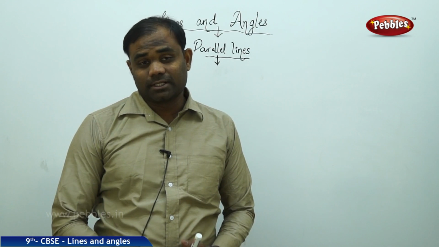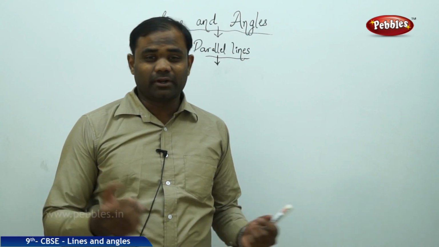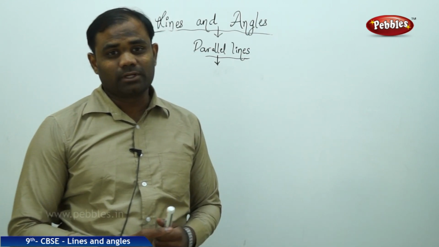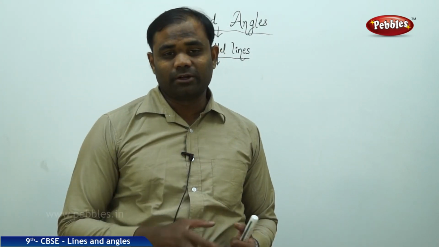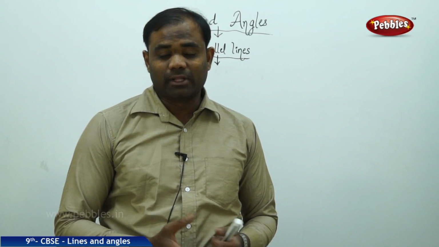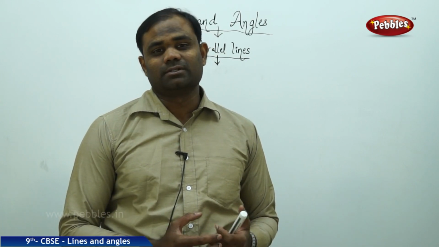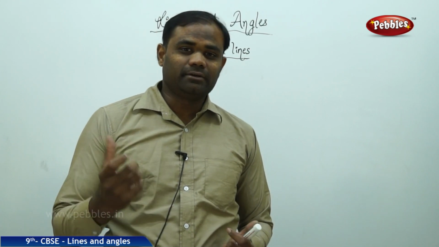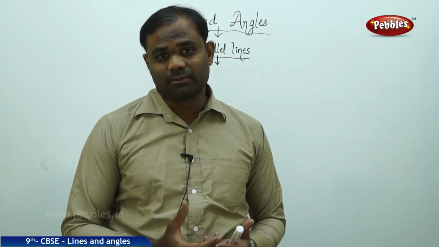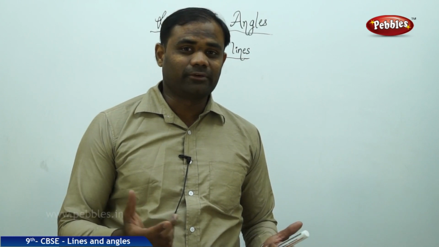Now that we have discussed interior and exterior angles, and most importantly in the previous session the interior angles on the same side of transversal, or the allied angles, let's see the mathematical property which connects interior angles on the same side of transversal with supplementary angles.